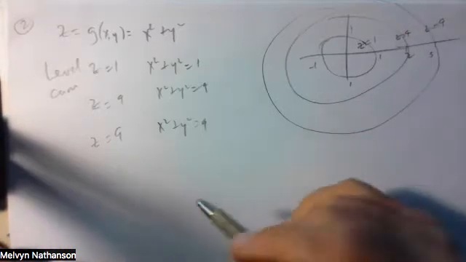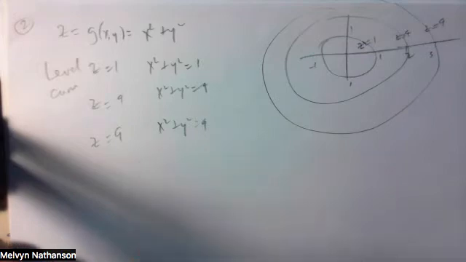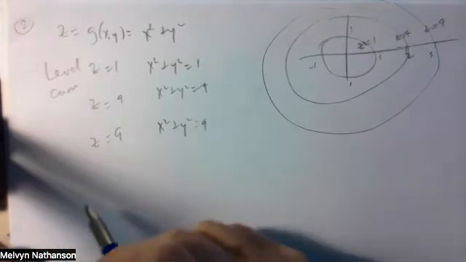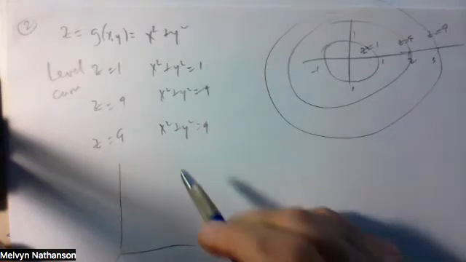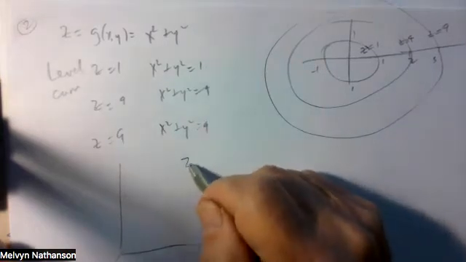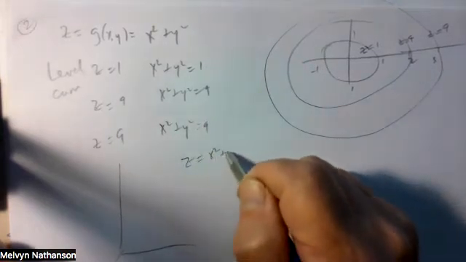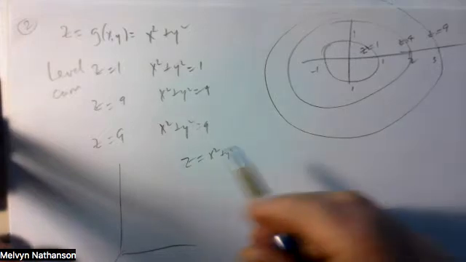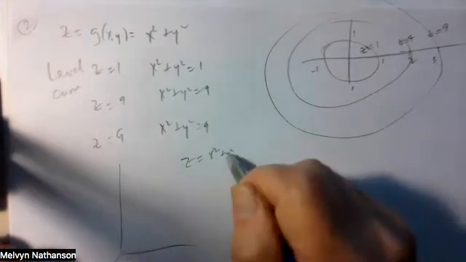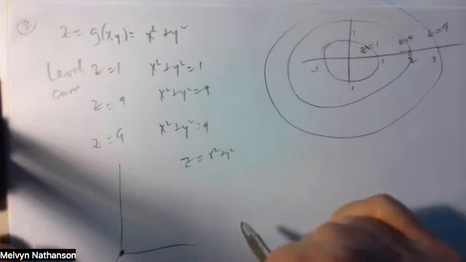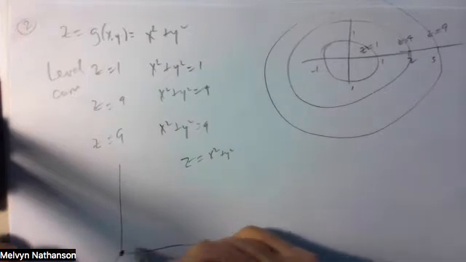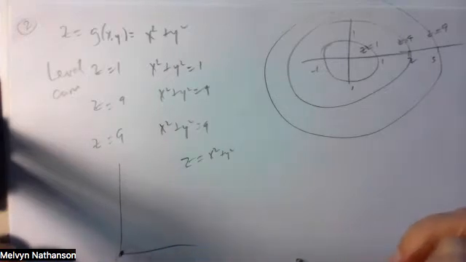And if you want to graph this or sketch a graph in three-dimensional space, so we have z is x squared plus y squared. So for example, when x and y are at 0, the value of the function is 0.